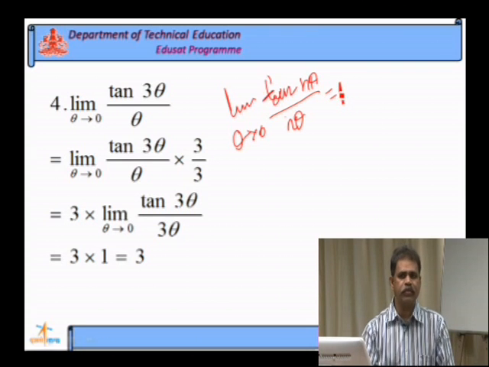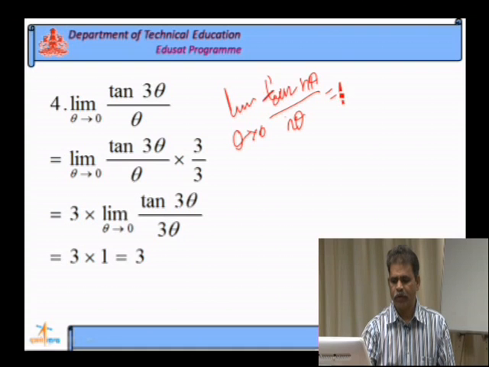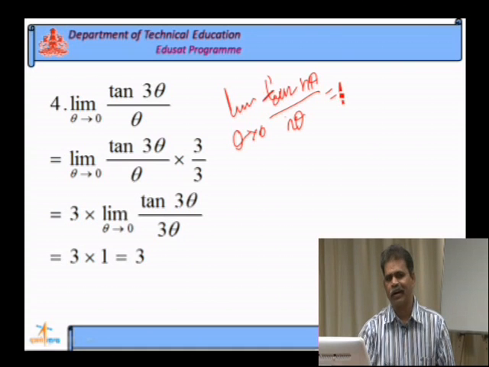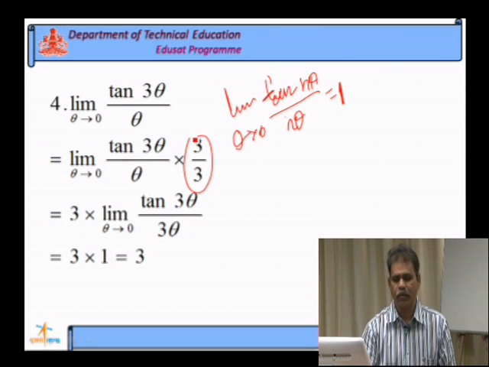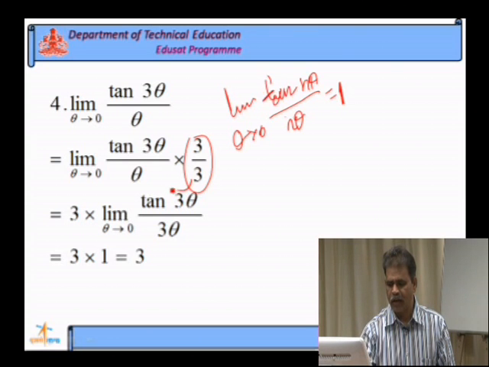So, based on this theorem we have to take 3 theta at the denominator, we cannot take directly. So, for that we have to multiply and divide by 3 for both numerator and the denominator, and this 3 is taken here. This becomes what?